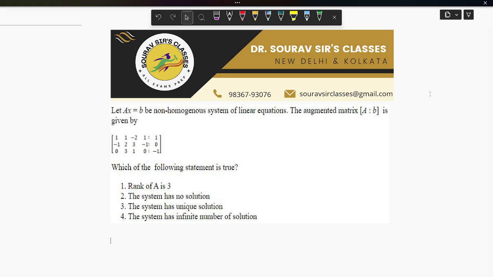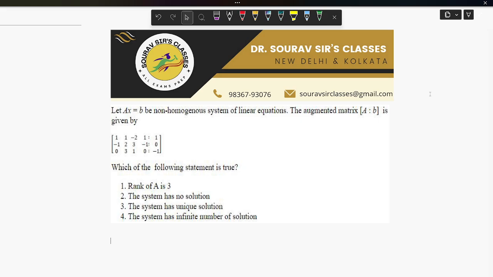Okay. So now we are going to solve a question which appeared in the CUET PG Statistics paper, and the question is telling us that let Ax equals B be a non-homogeneous system of linear equations. The augmented matrix A augmented B is given by 1 1 minus 2 1 | 1, minus 1 2 3 minus 1 | 0, and 0 3 1 0 | minus 1.